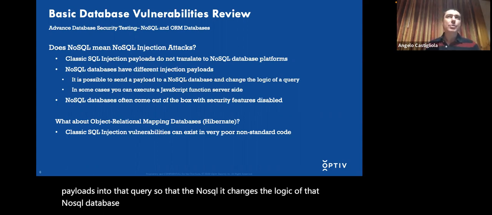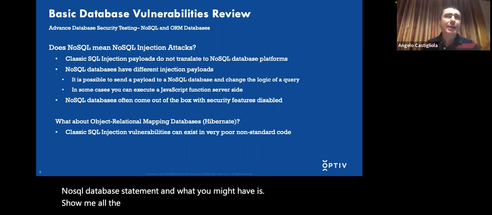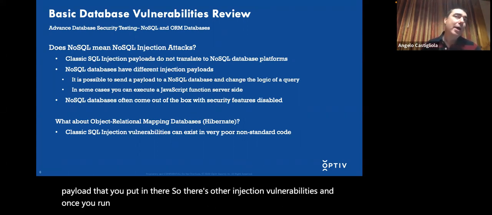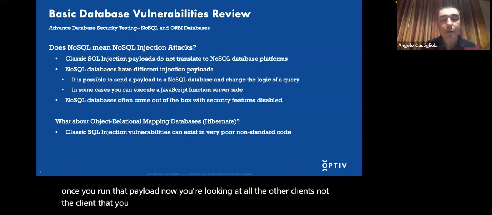And what you might have is, show me all the data that doesn't belong to this client, because of that payload you put in there. So once you run that payload, now you're looking at all the other clients, not the client that you were asking for and might only have permission to.